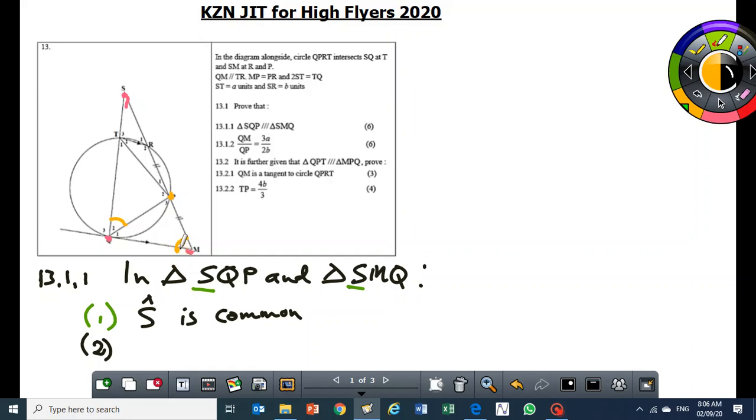Now, sometimes it may be difficult, like in this case, to prove that angle Q2 is equal to angle M. It can be challenging. But if you can't do it, then forget about this angle and that angle. Try this one and that one.